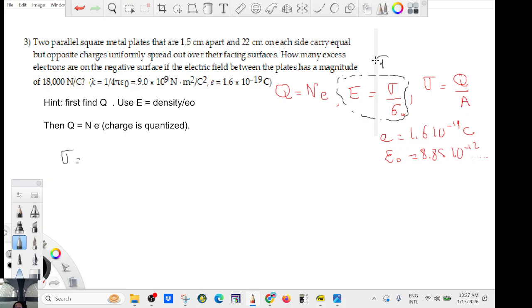That will be my equation 1. Equation 1, the density equals E times epsilon 0, right? Okay, you cross multiply.